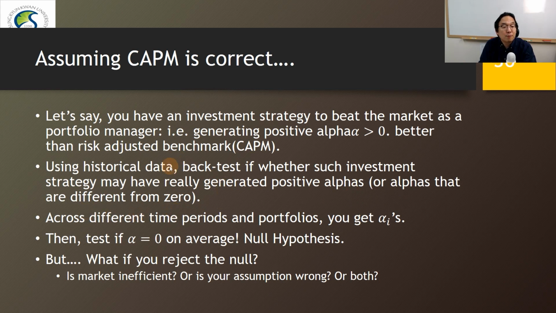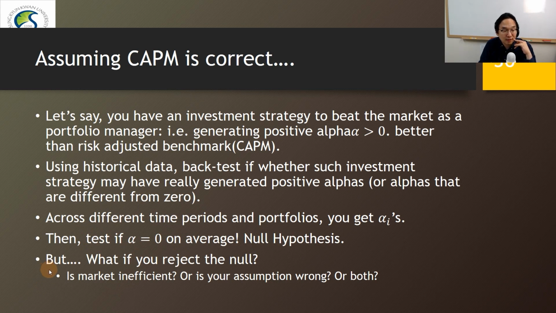That will be testing of CAPM as well as your investment strategy, your ability as a portfolio manager. Across different time periods and portfolios, you get alphas. Different years, different decades, maybe, for different portfolios you form. Then test if alpha is equal to 0 on average. This is the null hypothesis, alpha being 0.